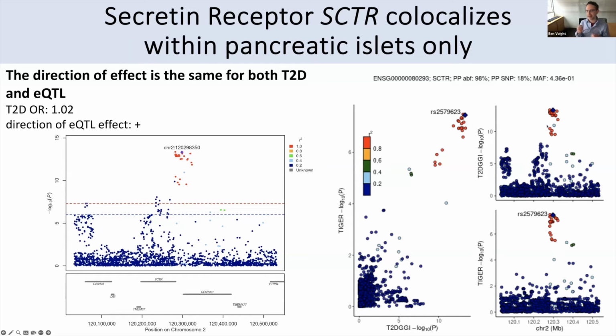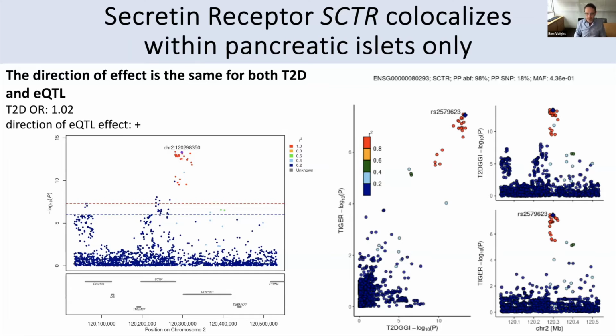So it leads to the hypothesis: could it be that a change in expression of secretin receptor is associated with a change in risk of diabetes? If you paint that out, it turns out the variant that increases expression of secretin receptor is risk increasing for type 2 diabetes.